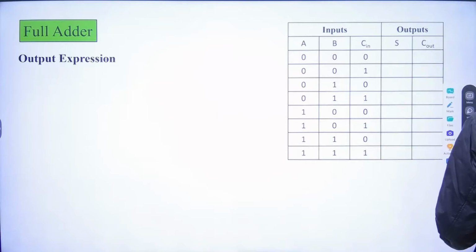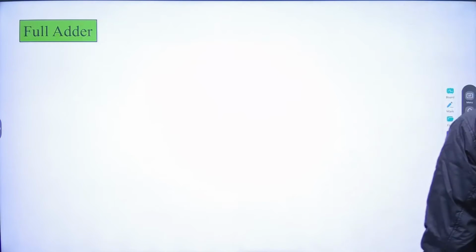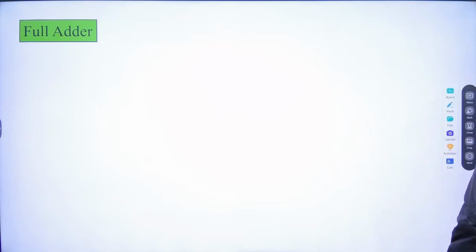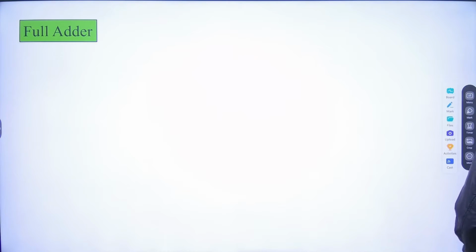Now, next coming to the full adder part. We would be making the block diagram of the full adder.